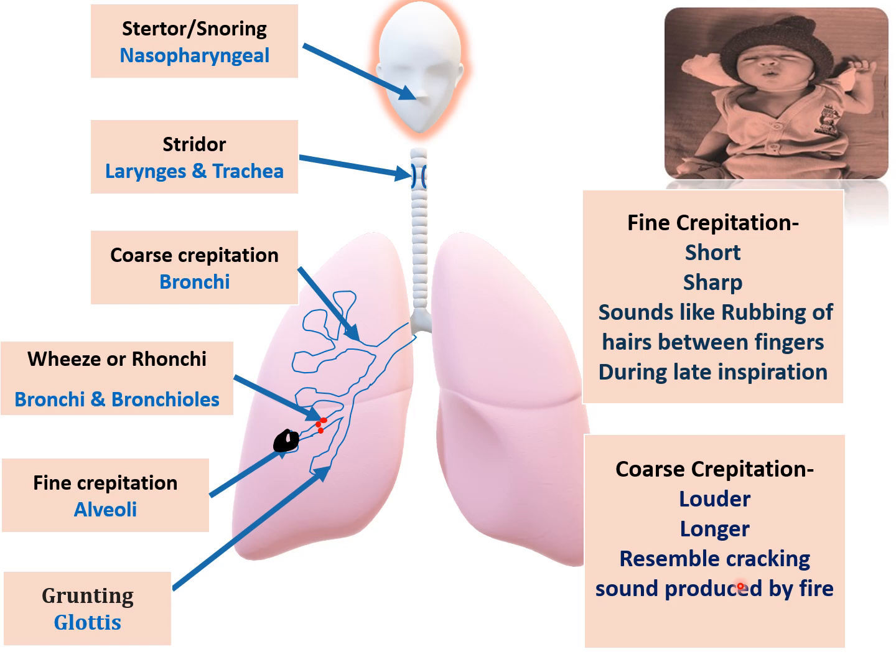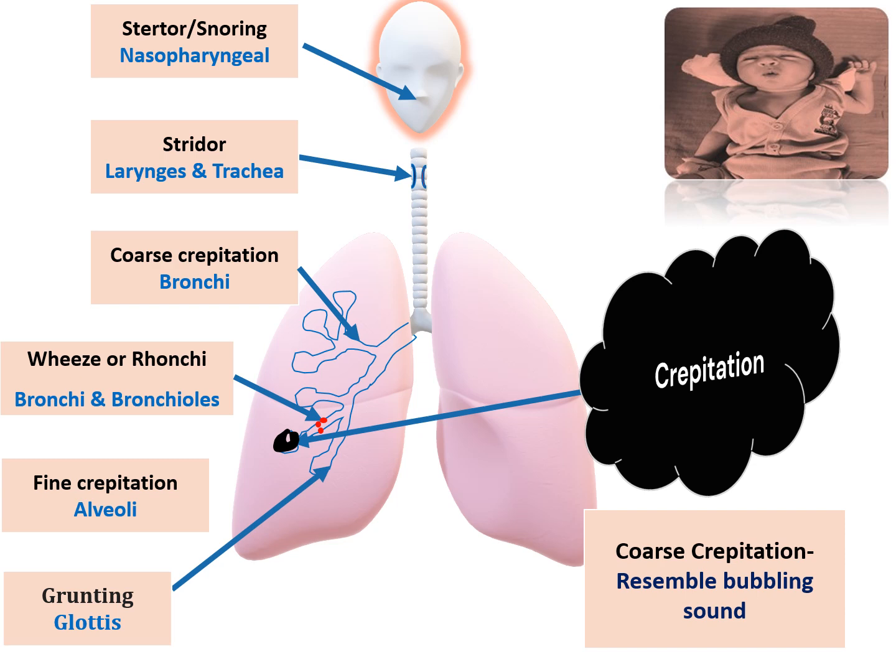Coarse crepitations are also seen in bronchiectasis and lung abscess, and fine crepitations are also seen with left ventricular failure. But in children, coarse crepitations are easily audible and characteristically seen in pneumonia. Now here, coarse crepitations. It resembles a bubbling sound also.